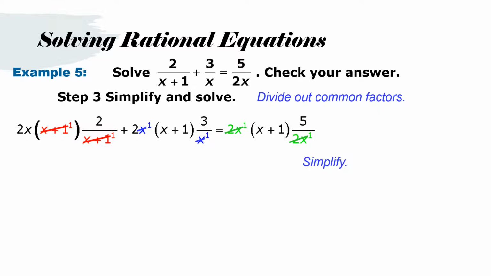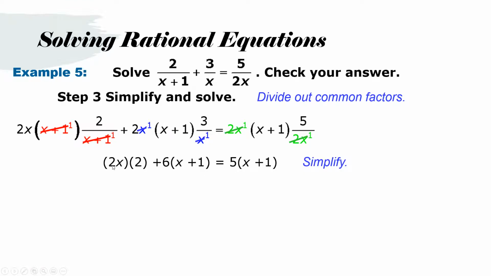Let's simplify. 2x times 2 is equal to 4, plus 2 times x plus 1 times 3 is equal to 6 times x plus 1, and then x plus 1 times 5 is equal to 5 times the quantity x plus 1.